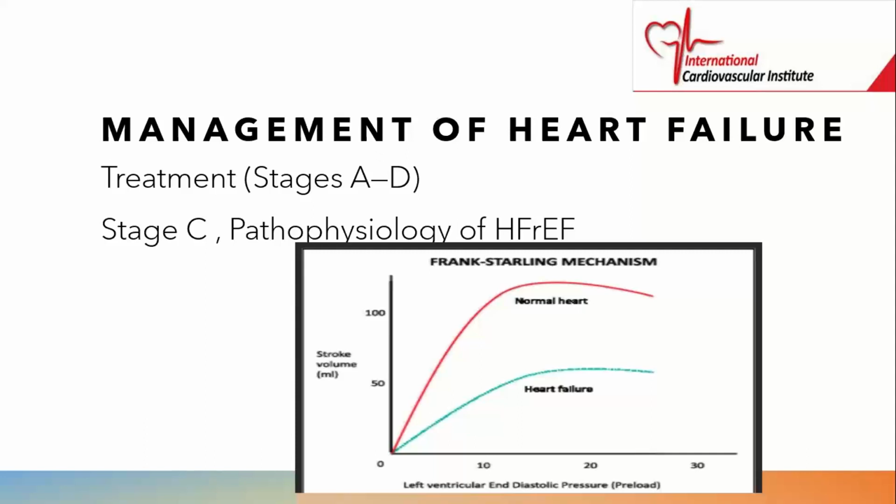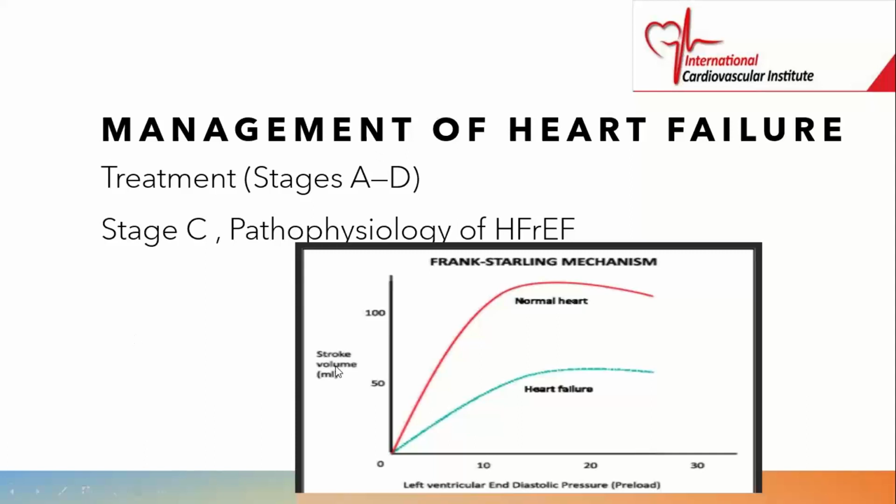To get the stroke volume, you need to know the volume of blood in the heart in diastole and the volume in systole. If you subtract the systolic volume from the diastolic volume, you get the stroke volume, the volume pumped out of the heart per beat. Then if you multiply the stroke volume by the heart rate, you get the cardiac output. We usually talk in terms of cardiac output.